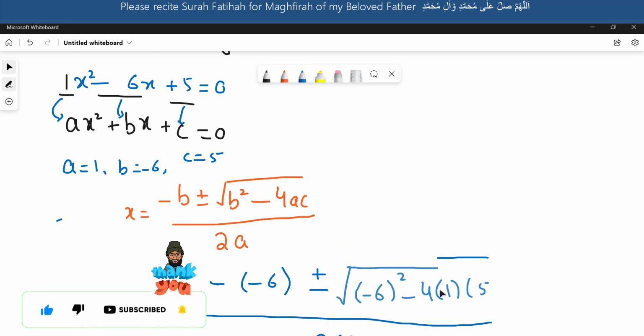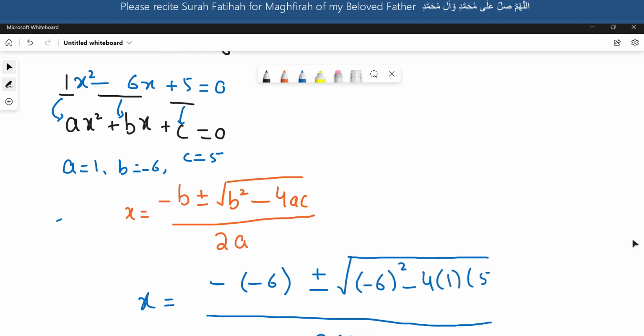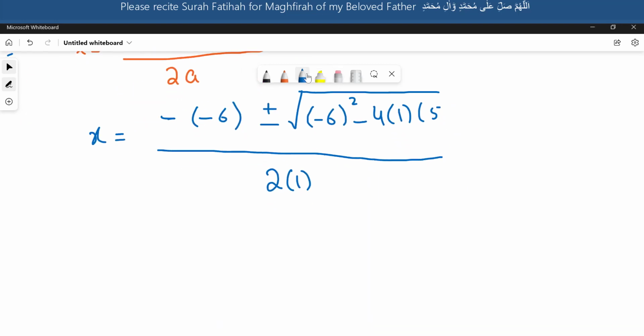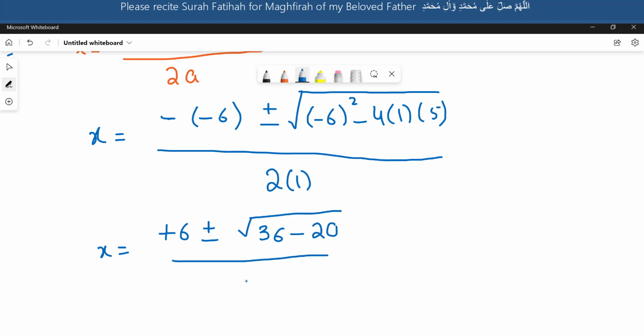So you have to remember the value of a, and you just have to look at the given equation. So x equals, now minus times minus 6 is plus 6, plus or minus the radical of 36 minus 4 times 5, which is 20, divided by 2.